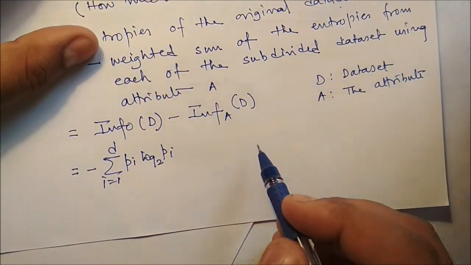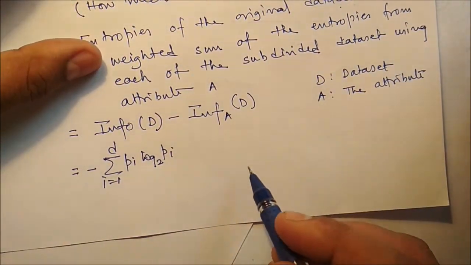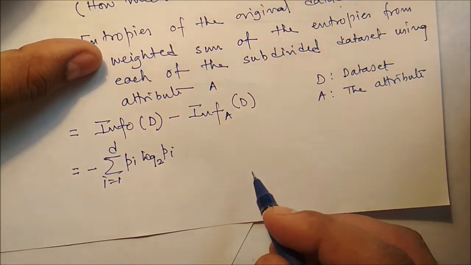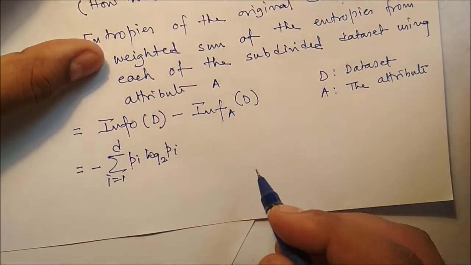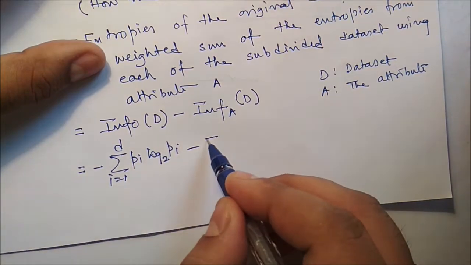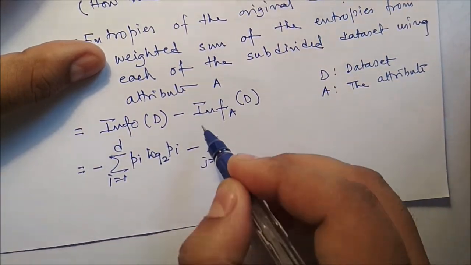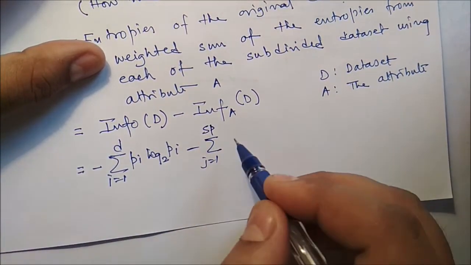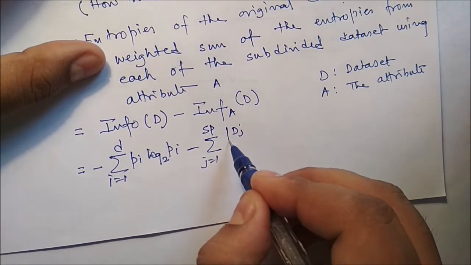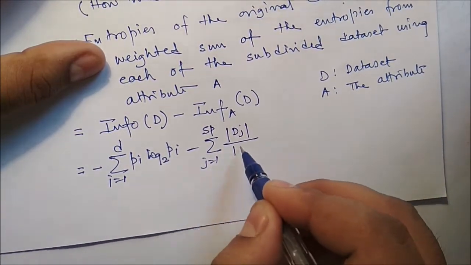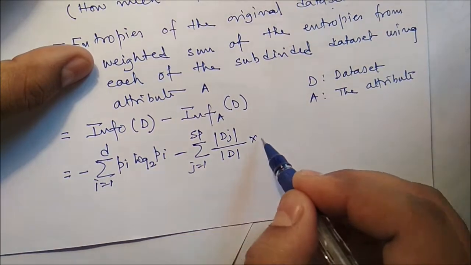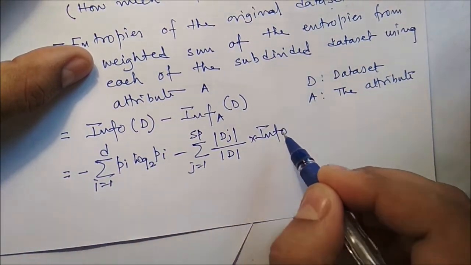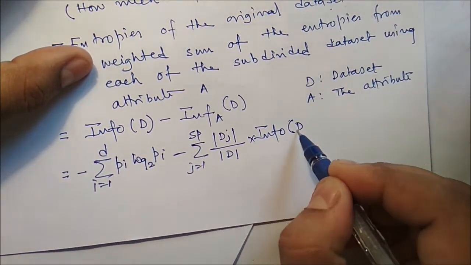It is the weighted sum of the entropies from each of the subdivided data sets using attribute A. Weighted sum means the summation from j equal to 1 to the number of splitting parts, of the number of rows in that particular part divided by the total number of rows, multiplied by Info(Dj).